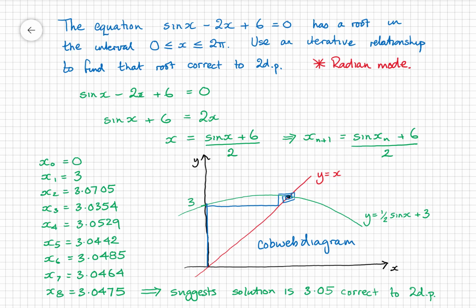And now the only thing that remains to be done is to check the upper and lower bounds for 3.05 to be sure that there is a change of sign, which confirms that that solution is correct.